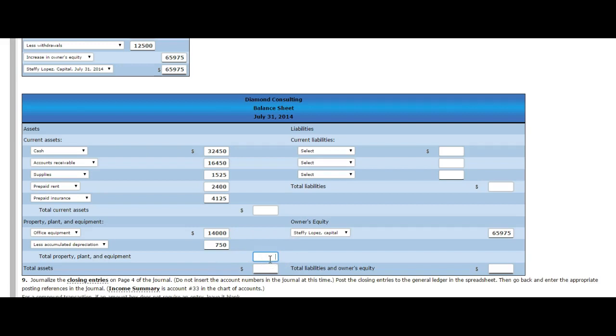That gives you a total here, if you net those two, of 13,250. And then this adds up to whatever that adds up to be.